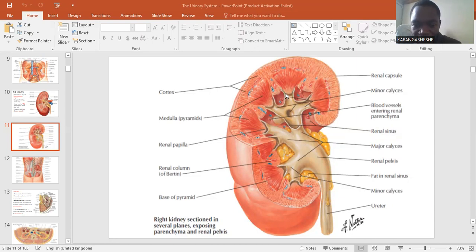So that is the renal papilla connected to one minor calyx. So this is a minor calyx and renal papilla, like that. Then this is the base of the medulla.